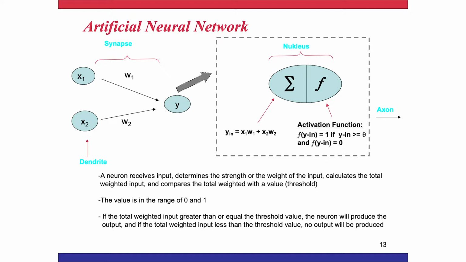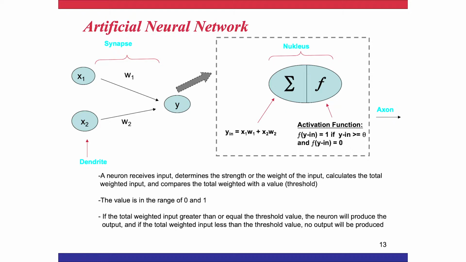The activation function is a threshold function defined such that if the summation yn is greater than a threshold value theta, then the function evaluates to 1, and if it is less than theta, then the function evaluates to 0. So this is just like a spike function or a threshold function which we can use as an activation function, and this works very well.